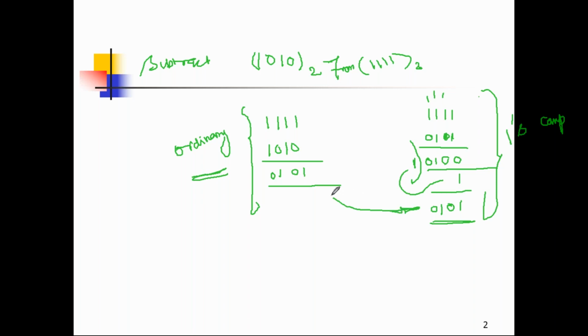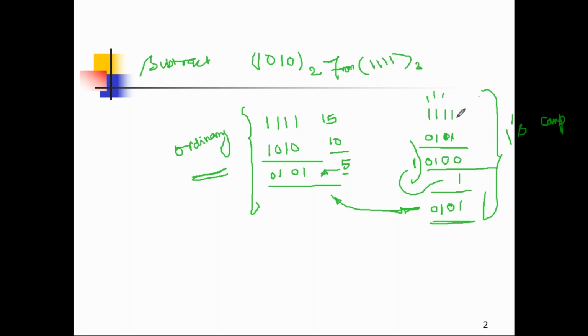So in one university examination, the question is: subtract 1010 from 1111 using the one's complement method and compare the results with the direct method. This is the direct method, binary subtraction. I got 15 minus 10, and the result is 5. This is the binary equivalent of 5.